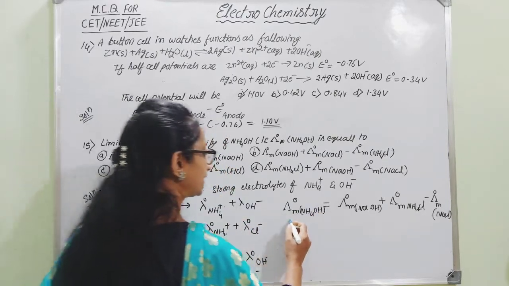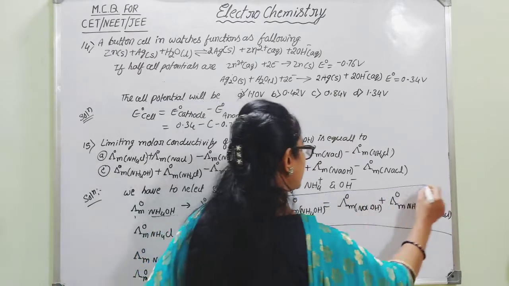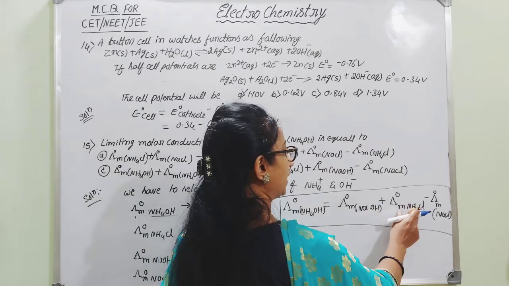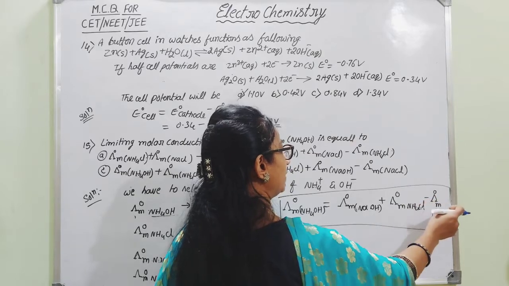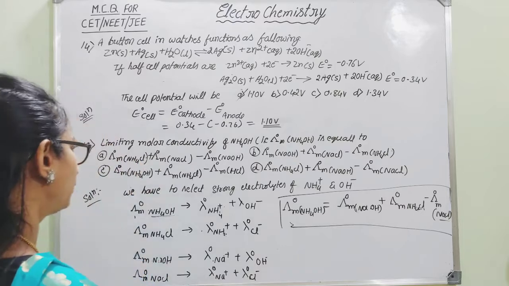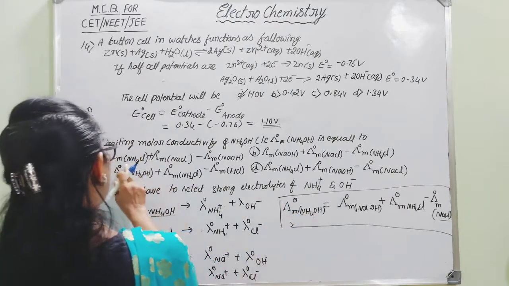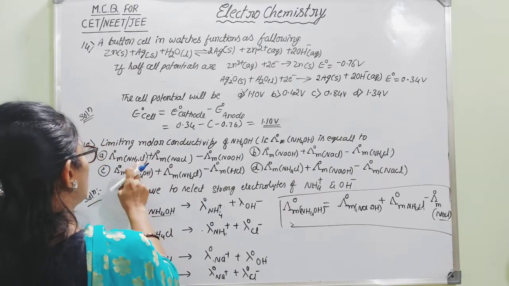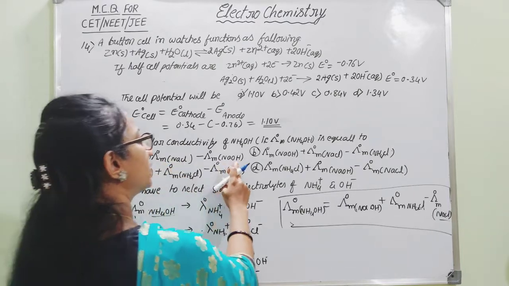Therefore, we can easily determine the limiting molar conductivity by taking the summation of the limiting molar conductivity of NaOH and that of NH4Cl, then subtracting the limiting molar conductivity of NaCl. Which combination suits this equation? The first expression, NH4Cl, NaCl, NaOH, is not possible.